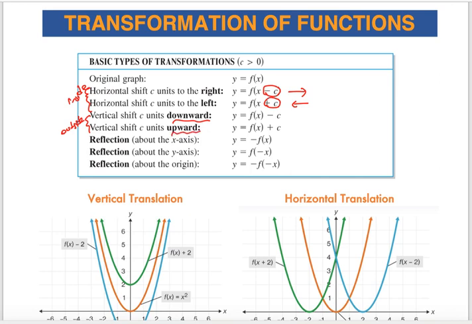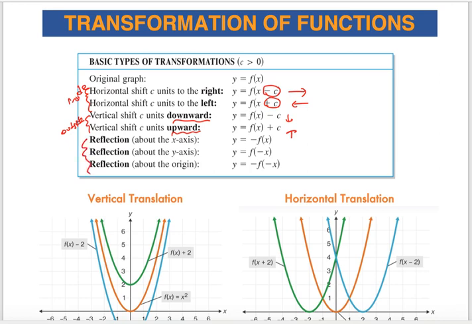Similarly, if you are going upward, then you are adding c outside of the function. This is going down, this is going up. Plus c means going up, minus c going down.